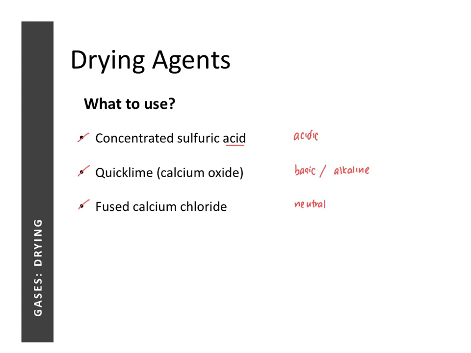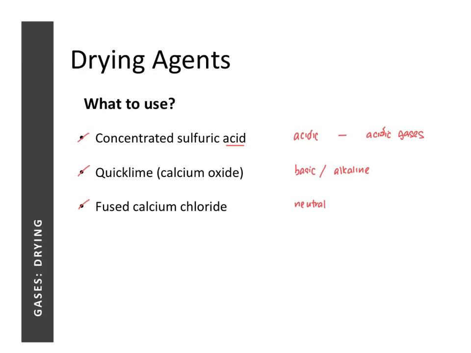If we want to dry a gas, we only want the drying agent to remove water. We don't want any reaction. So we need to get a drying agent of the same nature. So concentrated sulfuric acid, being acidic in nature, is ideal to dry acidic gases.